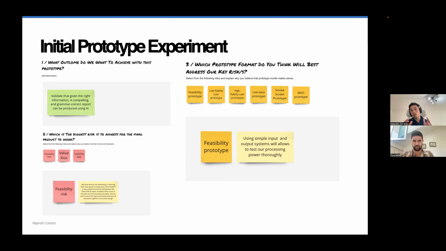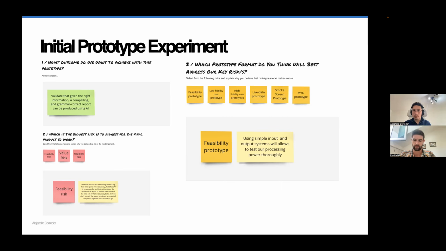So the first thing is to verify that with the current state of the art in terms of medical data, we can provide semantically and grammatically correct reports that summarize the input given as a human would. In order to do that, we did a small feasibility prototype that consisted of using mock data written by a medical student and parsing that through ChatGPT, and then asking two different users.